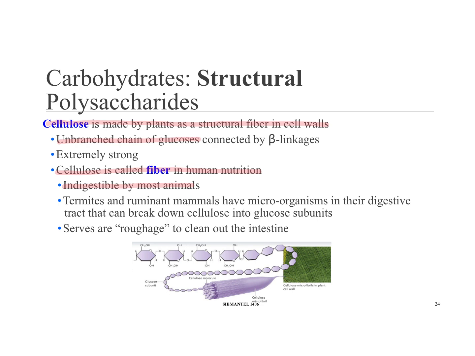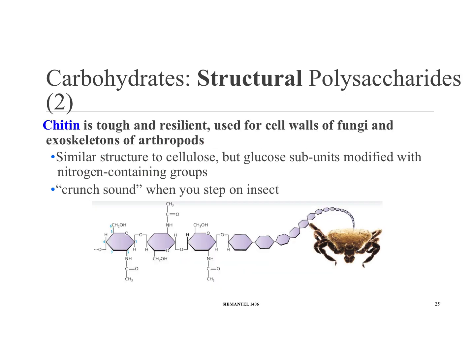Chitin is our next example of a structural polysaccharide, and it is a really tough material, very resistant to weathering, very resistant to changes in temperature, the environment, that kind of thing. So it's perfect for structural purposes for things like fungi and for the exoskeletons of arthropods.